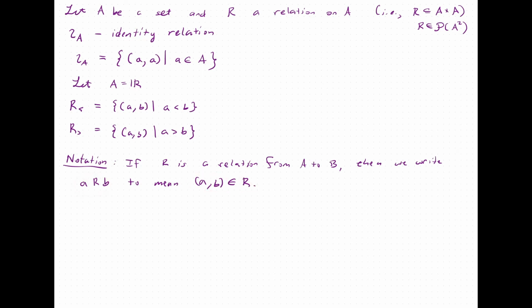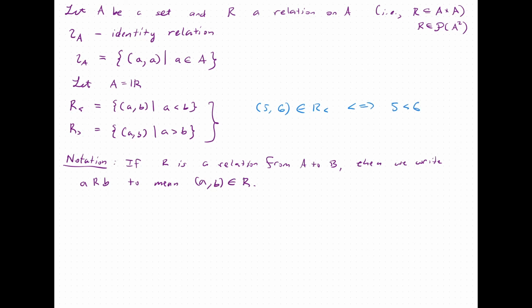And the way to see how that notation matches up is that if we view from both of these, the less than and greater than, when we say that (5, 6), so 5 is less than 6, is in R less than, this by definition is the same as saying 5 is less than 6.